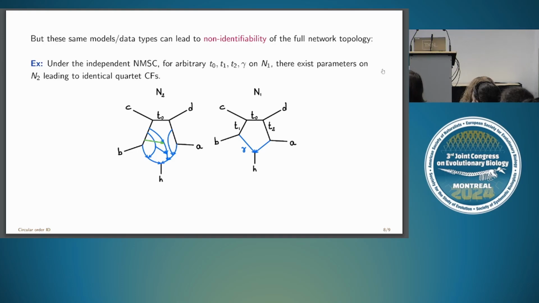So under the standard model of ILS, the network multi-species coalescent, if I have these two networks and I'm using quartet concordance factors, okay, so what goes into SNAQ or Nanuq for inference, these two networks can produce exactly the same concordance factors. Okay?